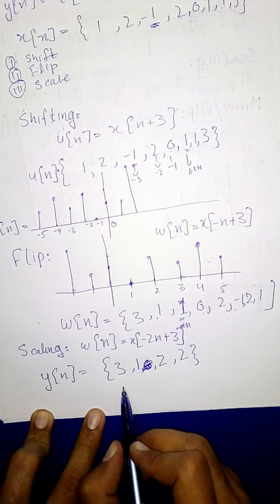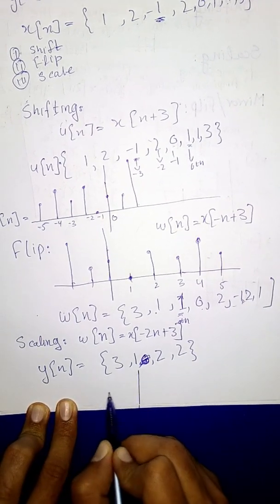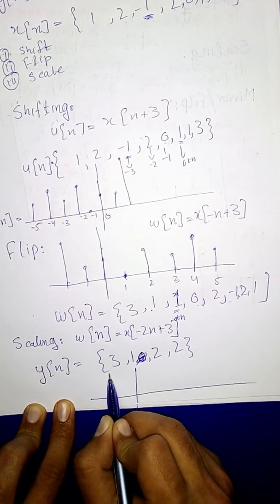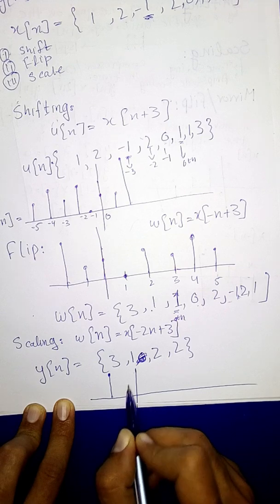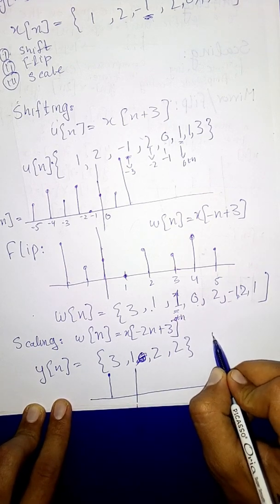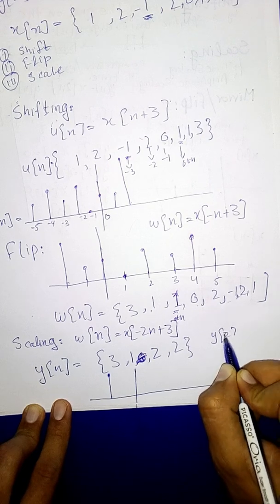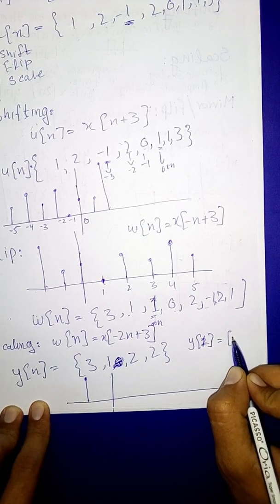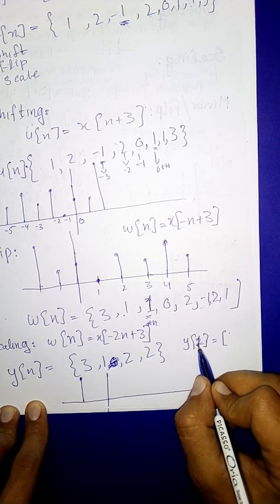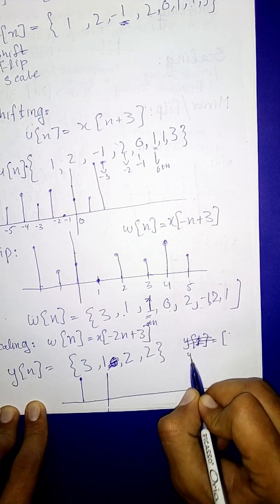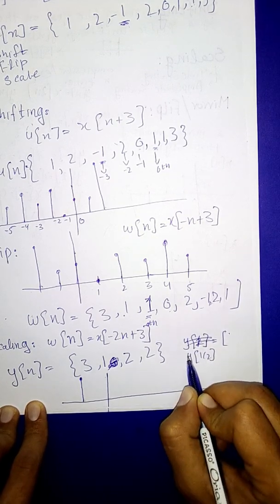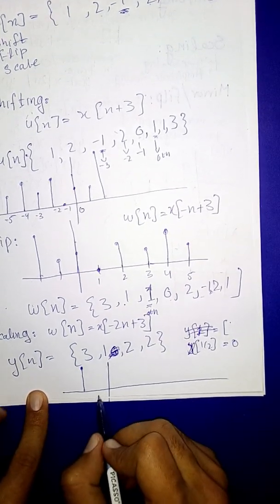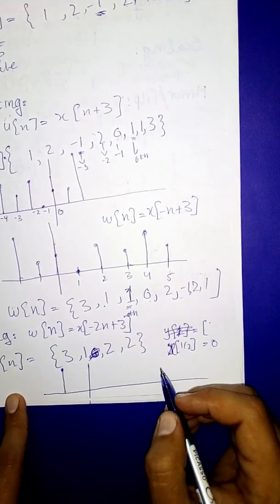So the resultant signal that we will have would look something like this. At 2 we will have 3. 1 will be neglected because it will change into 1 over 2. Y of n for 1 will become 1 over 2, and there is no point at 1 over 2, which is equal to 0, so this will be neglected.